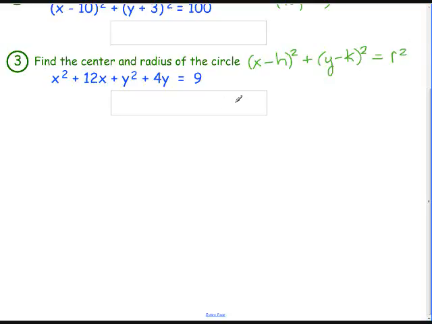So we want to convert into this. We can take this piece, add a constant to it, get a perfect square trinomial, and then convert it into this. Same thing for the y. Let's try it. So I've got x squared plus 12x.